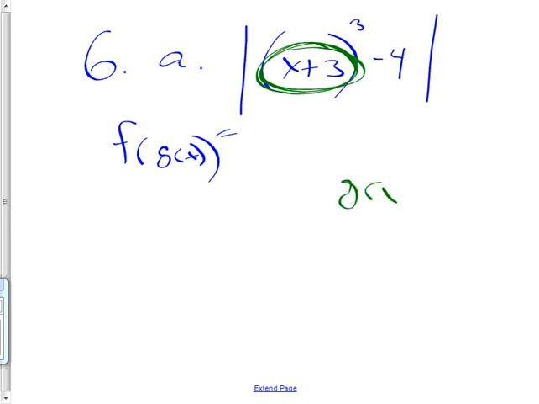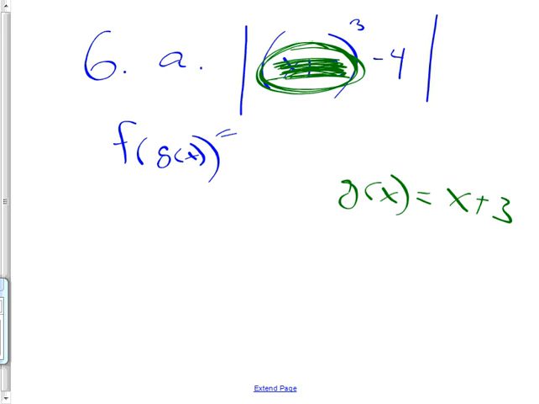Let's say g of x was x plus 3. Something that's in a parenthesis or a bracket is a great thing to choose. Something that's in a square root, any little cluster of numbers, then those work well to be g. If that's going to be g, then I pull it out of this, and what do I put in place of it? X. And then my other function would have to be x cubed minus 4.